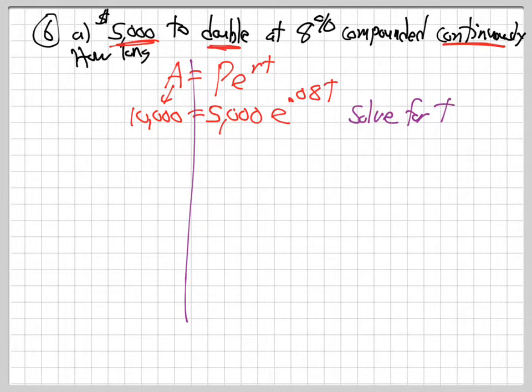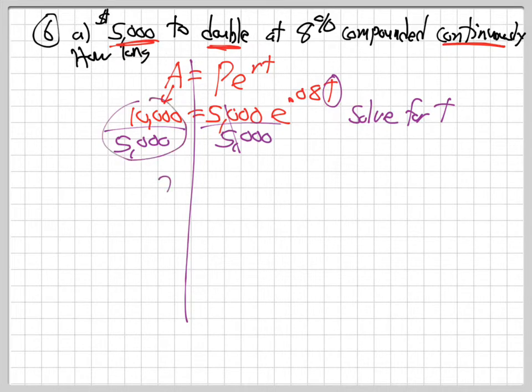So how do we get t alone? T's right here. He's saying, I want to be alone. Get rid of this 5,000, this e, and this 0.08 so I can be alone. Okay, well, first we get rid of the 5,000. Divide both sides by 5,000. Boom, and 10,000 over 5,000, we don't need a calculator for that, that's 2. Now, we're trying to solve for t.